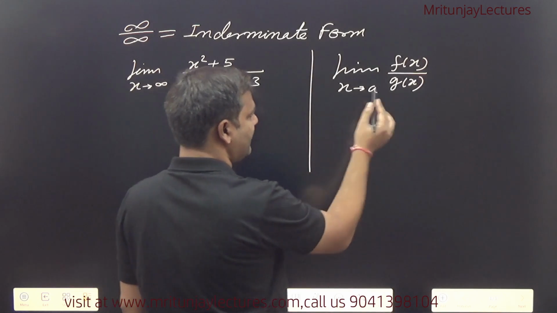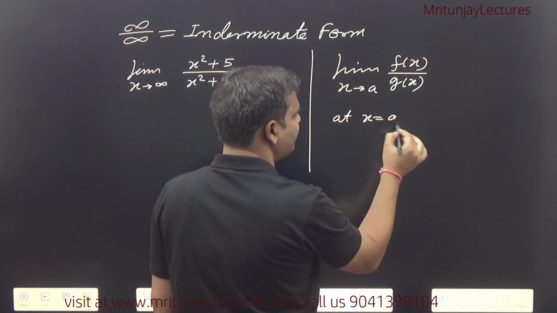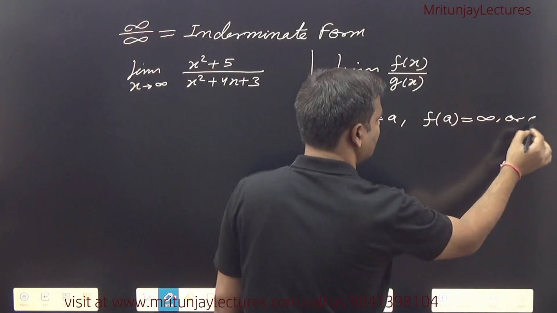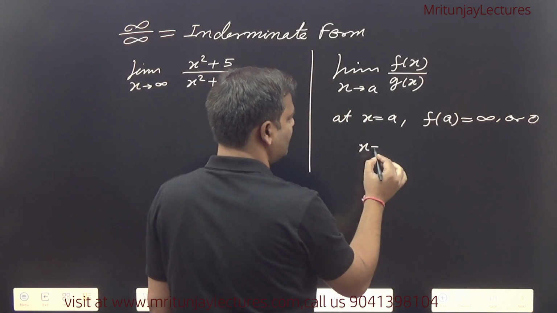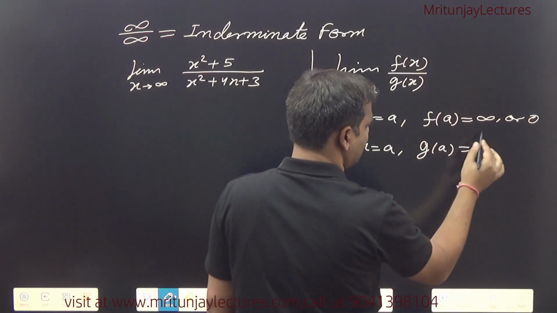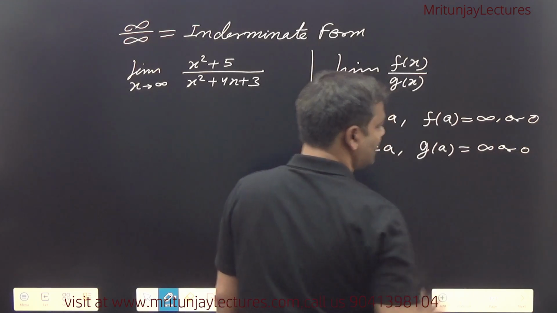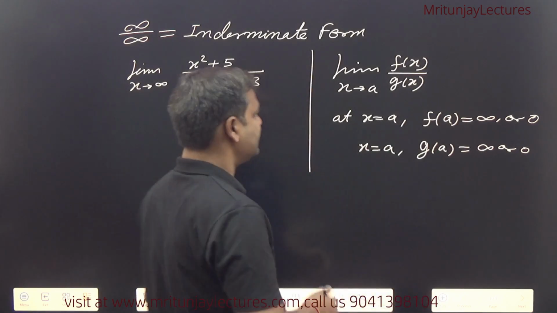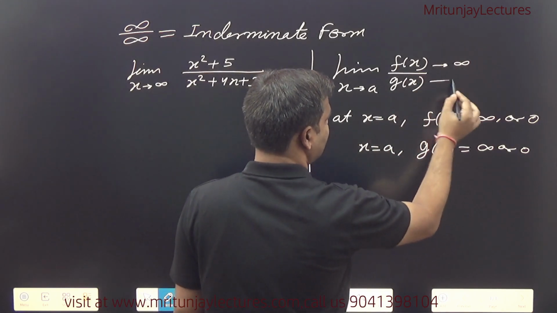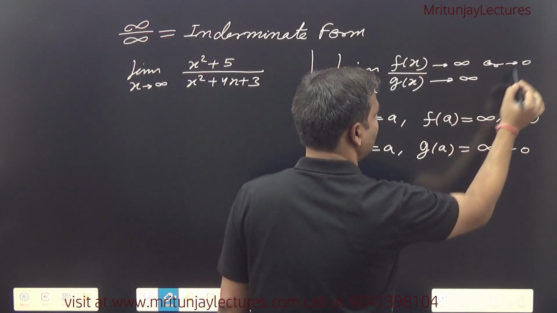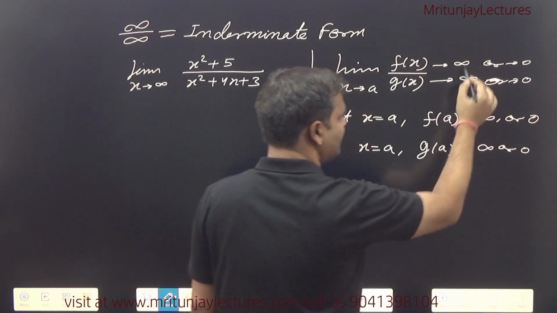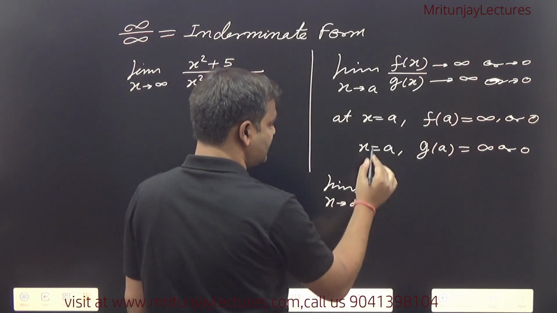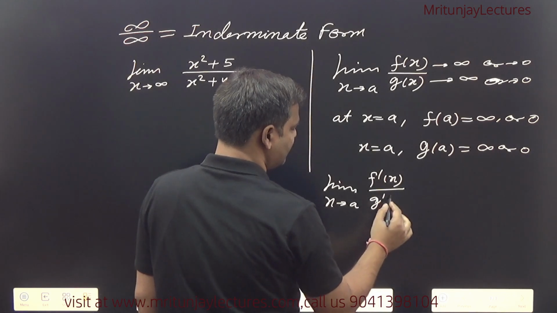If we put x equal to a and we get infinity or 0 for f of a, and g of a is also infinity or 0, that is, 0 by 0 or infinity by infinity form is available, then you can differentiate the numerator and denominator with respect to x.